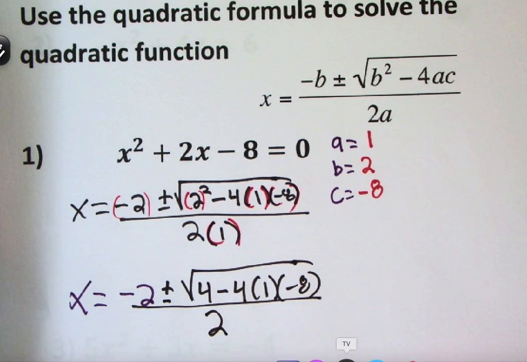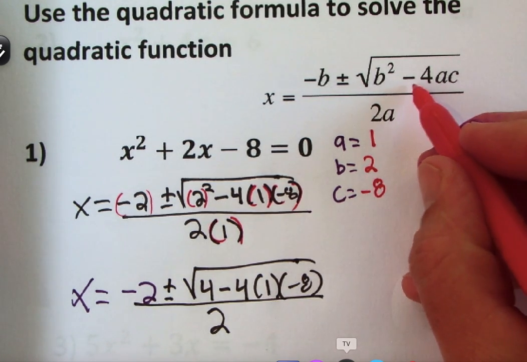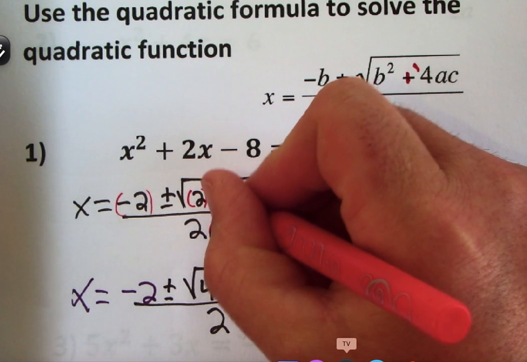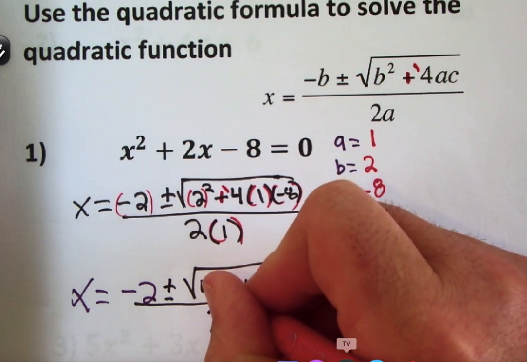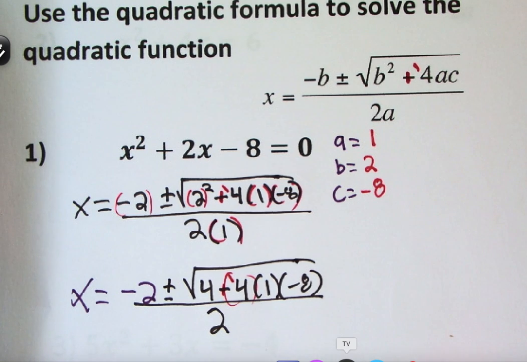2 times 1 is 2. Great. All right, next step is to follow order of operations, and here's something that I do. It says minus 4, and to help students, I always say do plus negative 4, because it helps when you make mistakes with the negatives.